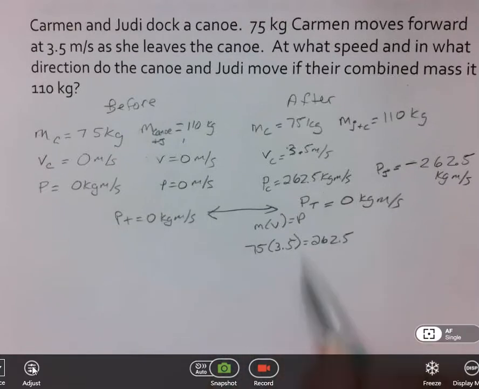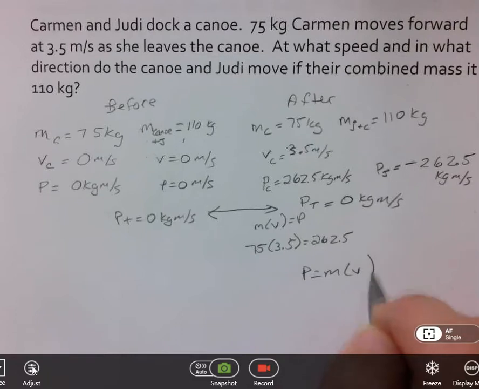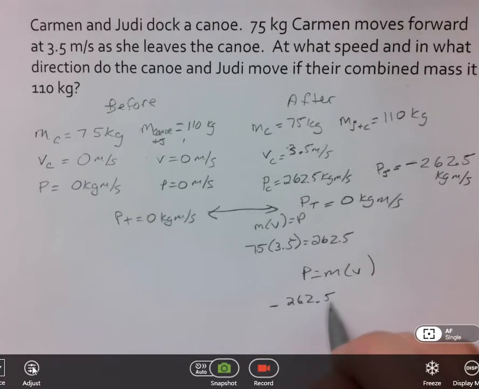So now I just use my P equals m times v again. My P now is negative 262.5 equals my mass, which is now 110, times my velocity.